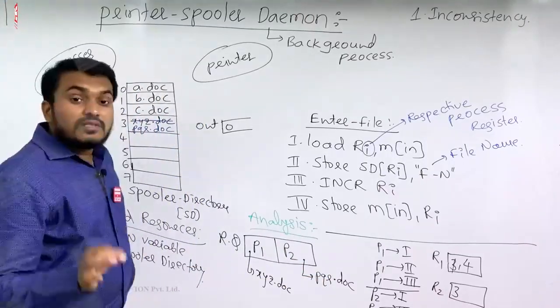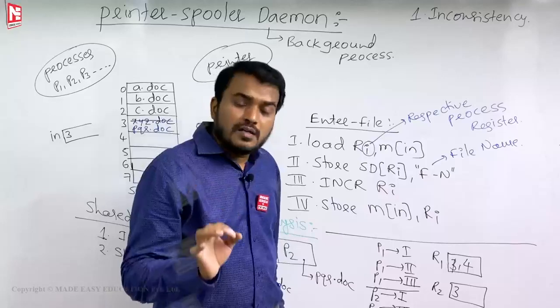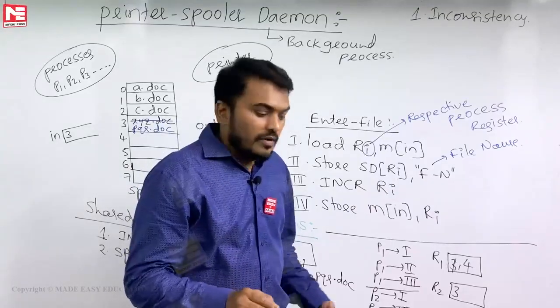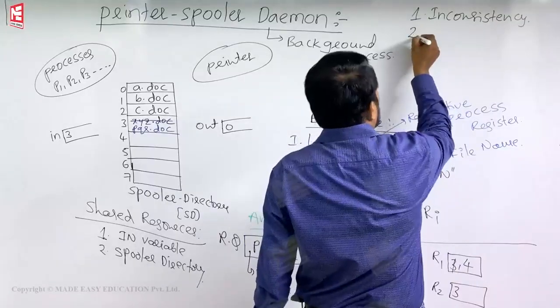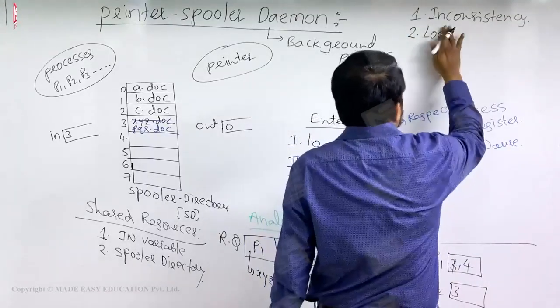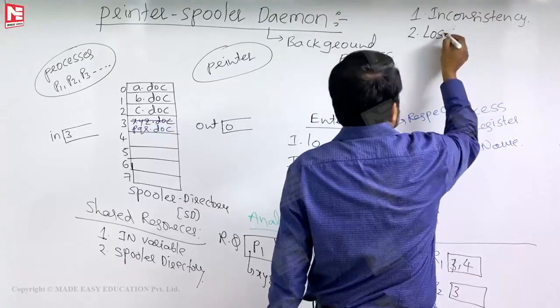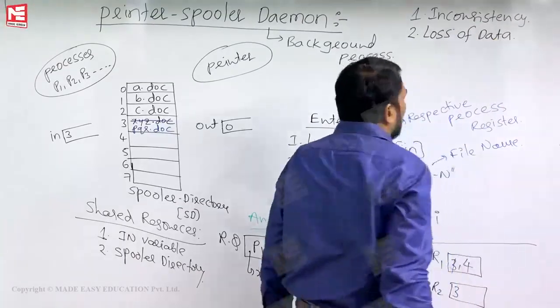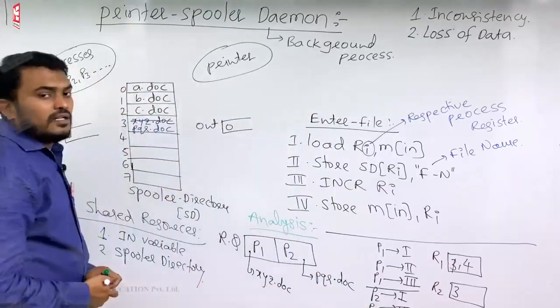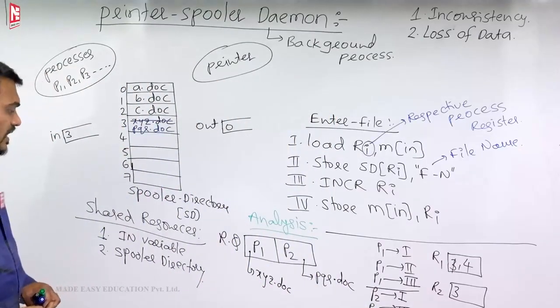Is that clear? This is called the second problem. This problem is called loss of data. Second problem, that is called what? Loss of data. Is that clear?